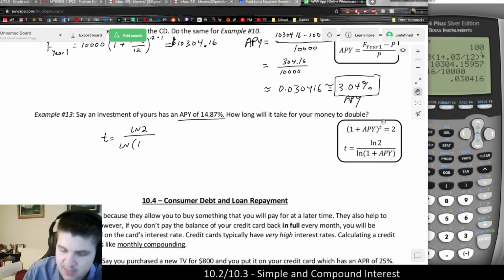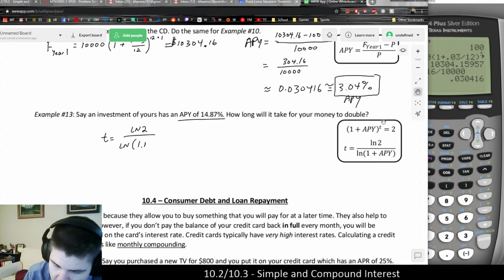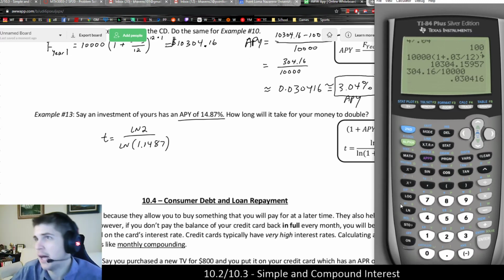So in this case, it asks us, well, let's say that our account has an annual percentage yield of 14.87%. We want to know the doubling time. We could just throw it into the formula and come up with our answer.